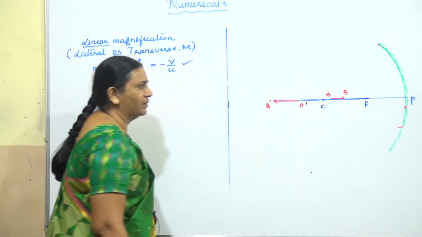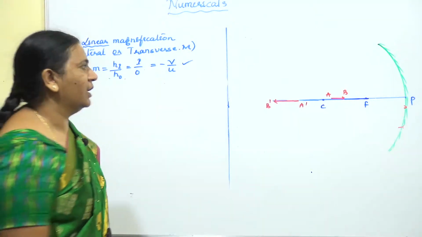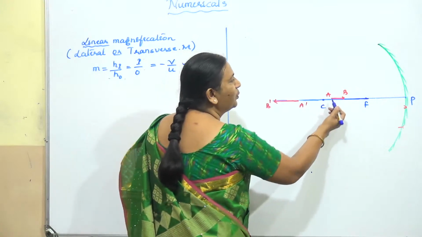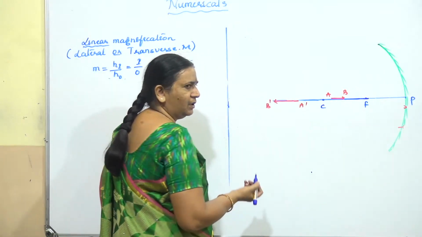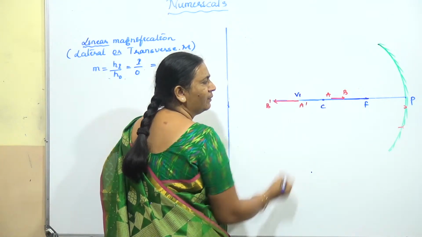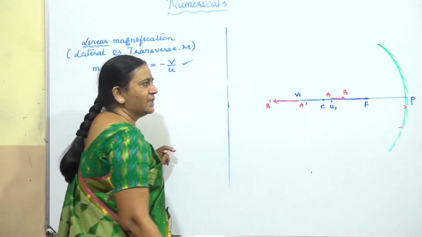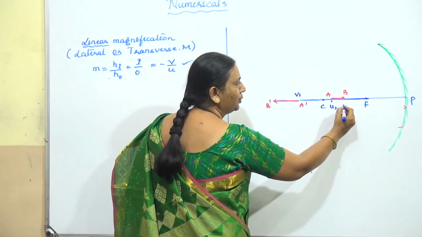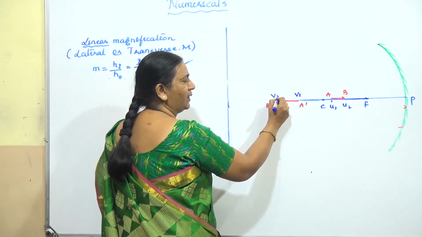This is the situation. Now what is the common knowledge? I can take A position separately, and let me calculate its A dash position. I can call it V1, taking this as the U1 position. Similarly, I will take this as U2 and calculate its image position as V2.